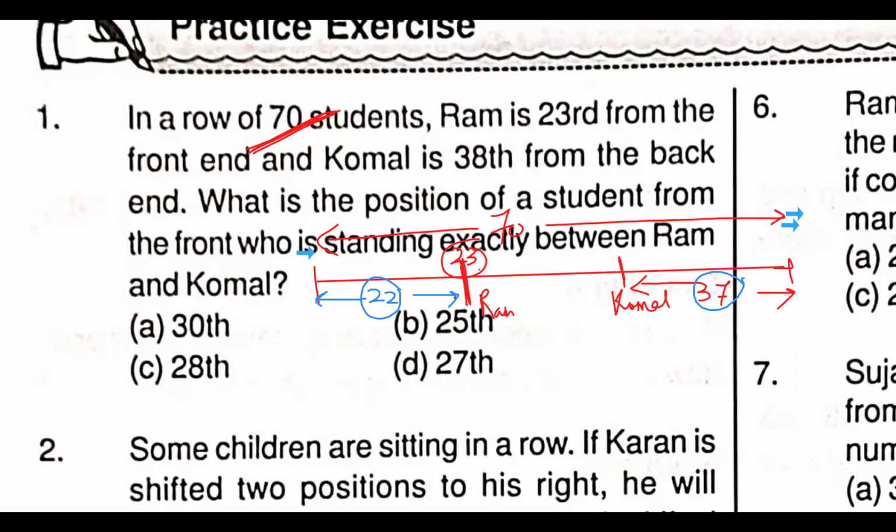Yes or no? Because towards the left of Ram there are 22, towards the right of Komal there are 37, and total are 70. That means whatever students are remaining, they must be sitting between Ram and Komal only. So you have to find how many students are sitting between Ram and Komal. First of all, you find that.